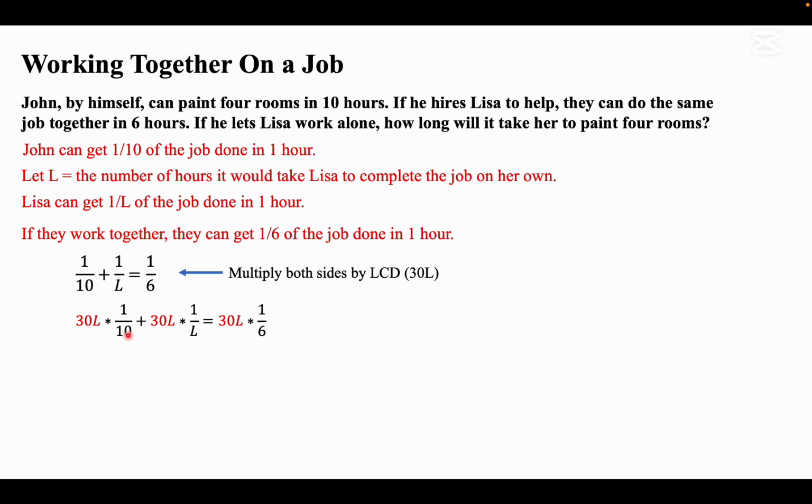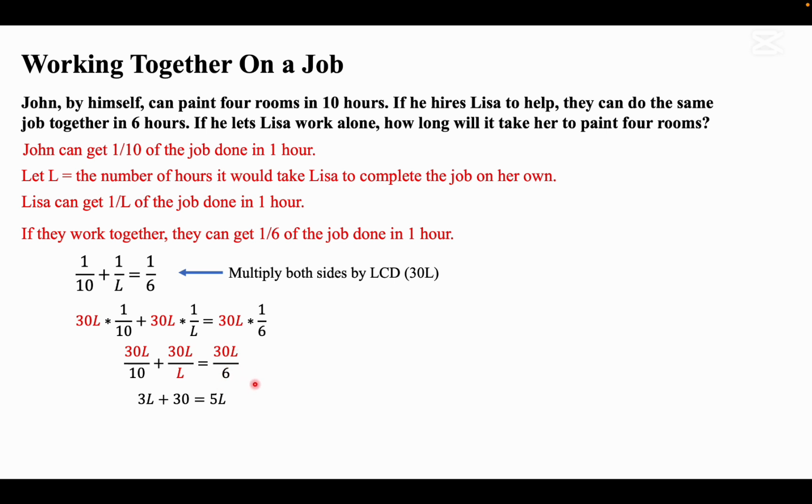And basically what this means is that 30L times 1 will give you 30L over 10. 30L times 1, that's 30L over L. And then this times this divided by 6. And then let's simplify this. Well, 30 divided by 10 is 3, so you get 3L for this. And then over here, the L's cancel, so you're left with 30 equals 30 divided by 6 is 5, so you get 5L.